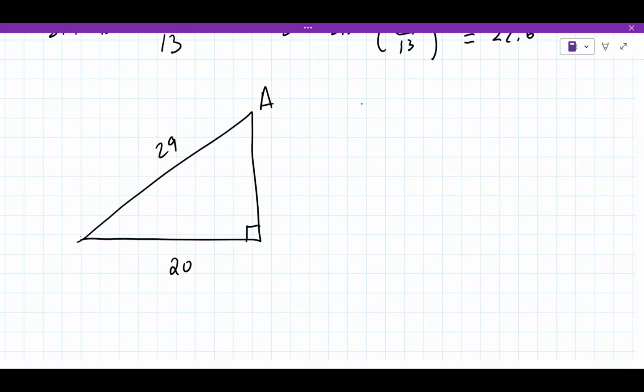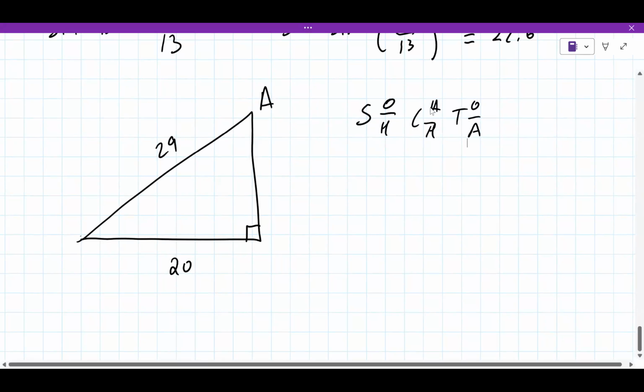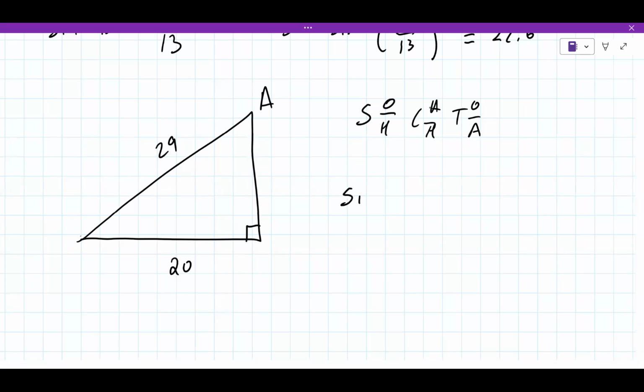So relative to angle A, are you given the adjacent, the opposite, or the hypotenuse? I'm given the hypotenuse and opposite. Which of those three, sine, cosine, and tangent, uses the opposite and the hypotenuse? Sine. So the sine of A equals 20/29.